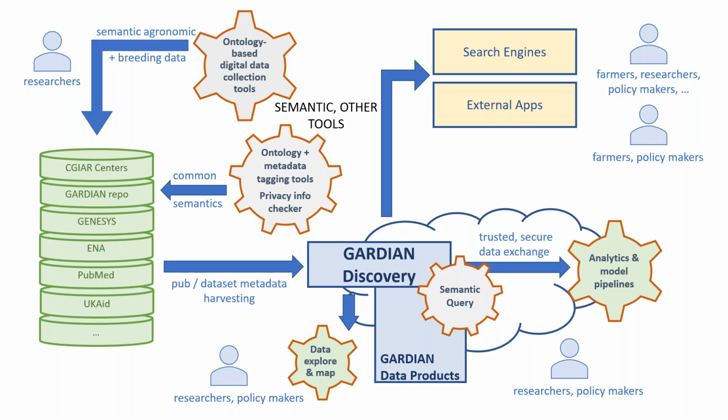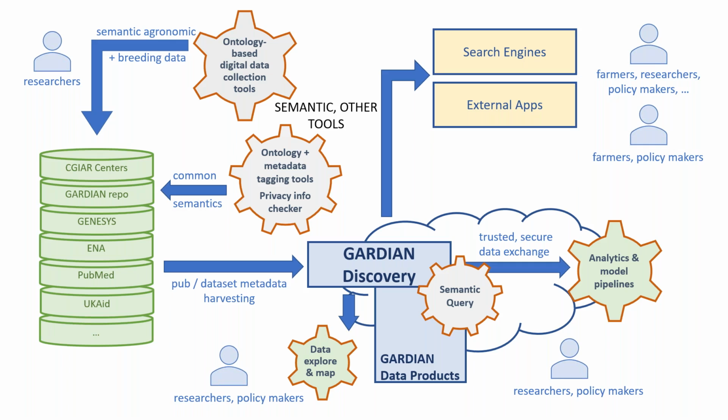What we're also building is an upload functionality to Guardian. So you'll be able to upload your publication or your data set, whatever the resource is, into Guardian through a very easy to use and clear workflow that includes the addition of metadata, the tagging of your data set with ontology terms, so diving into the data set and enabling the addition of ontology terms or controlled vocabulary terms, and the ability to check to make sure that you're not about to upload a data set with farmer names or with extremely honed-in location information that allows other people to identify who those people are.